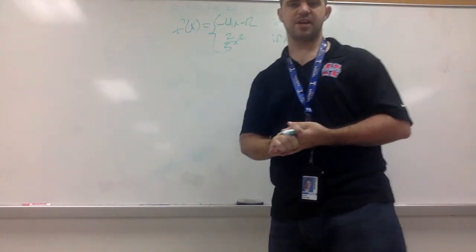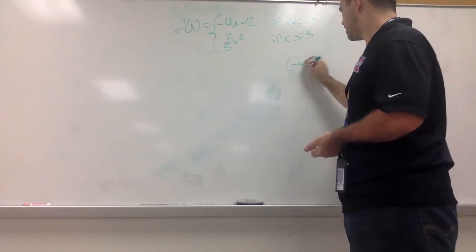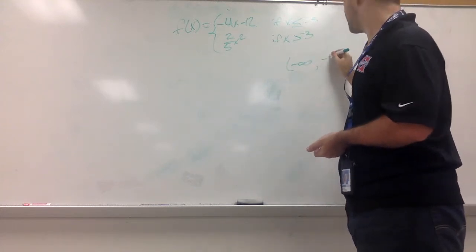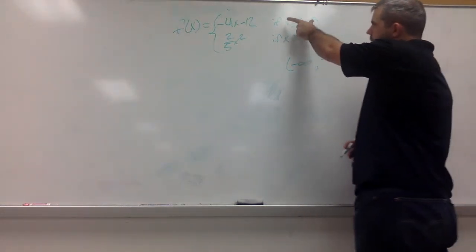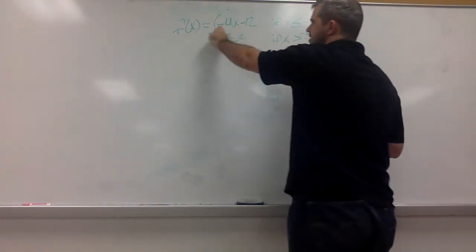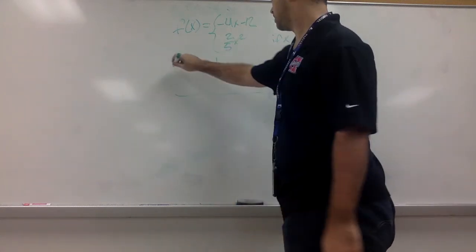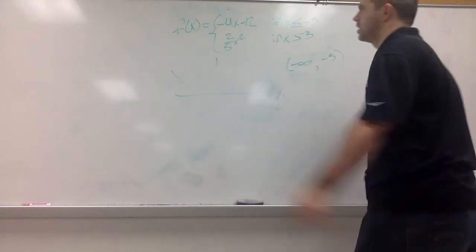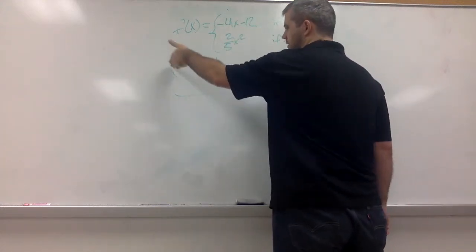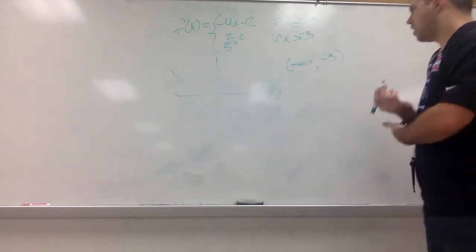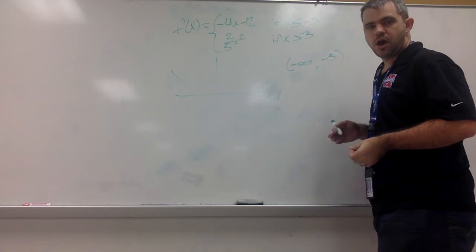So first it asks us, what does this look like over the interval -∞ to -3? Well, this matches up with this. So what they're wanting to see is that it's going to look something like this, okay? Because that's how we would graph this. -12, slope of -4, over this specified interval.